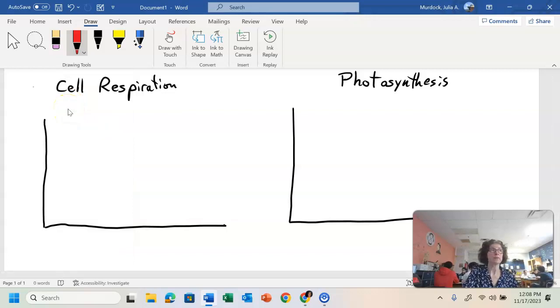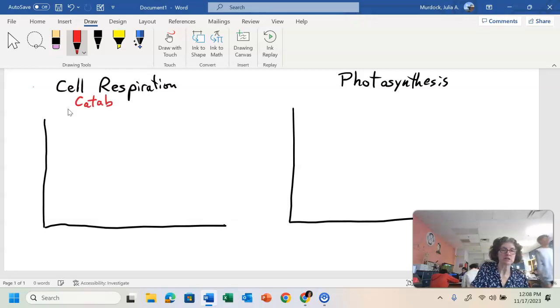So last time we talked about ways to describe chemical reactions, and one of the sets of words that we used was catabolic versus anabolic. You may remember we talked about reactions that are catabolic and reactions that are anabolic. So which one of these would be the catabolic type of reaction? Respiration, very good. So let's put that there to remind us.